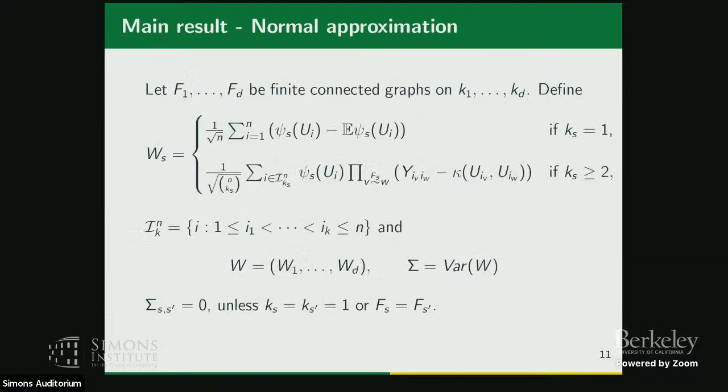Sorry, this is non-zero only in this case. In every other case, these covariance terms are 0, and that's because, as Adrian also mentioned, when you have two subgraphs which are not isomorphic, then there is at least one free edge, for which you get the covariance 0.